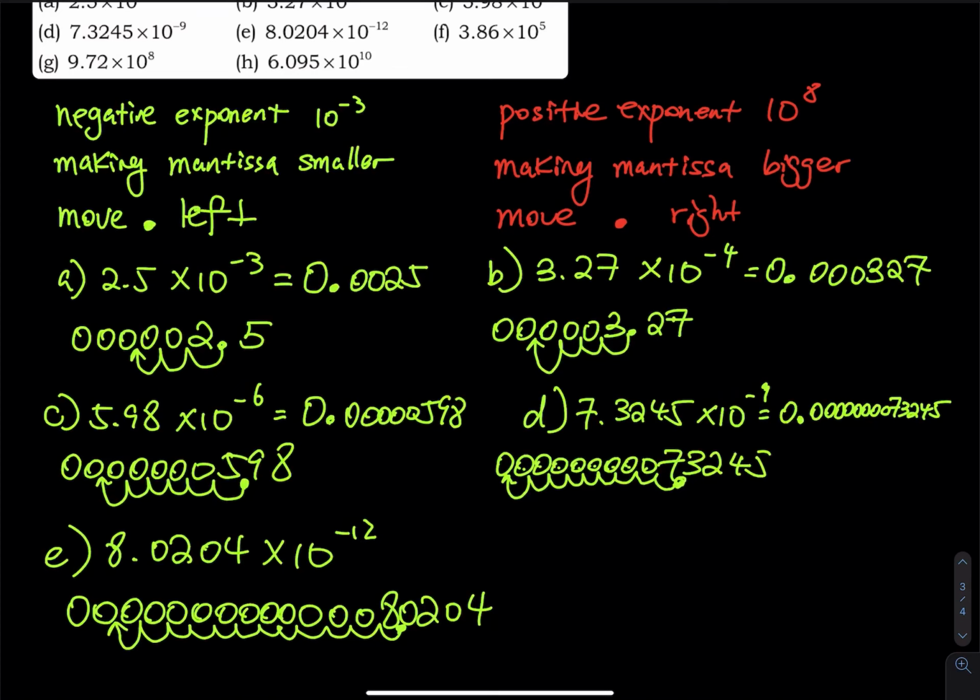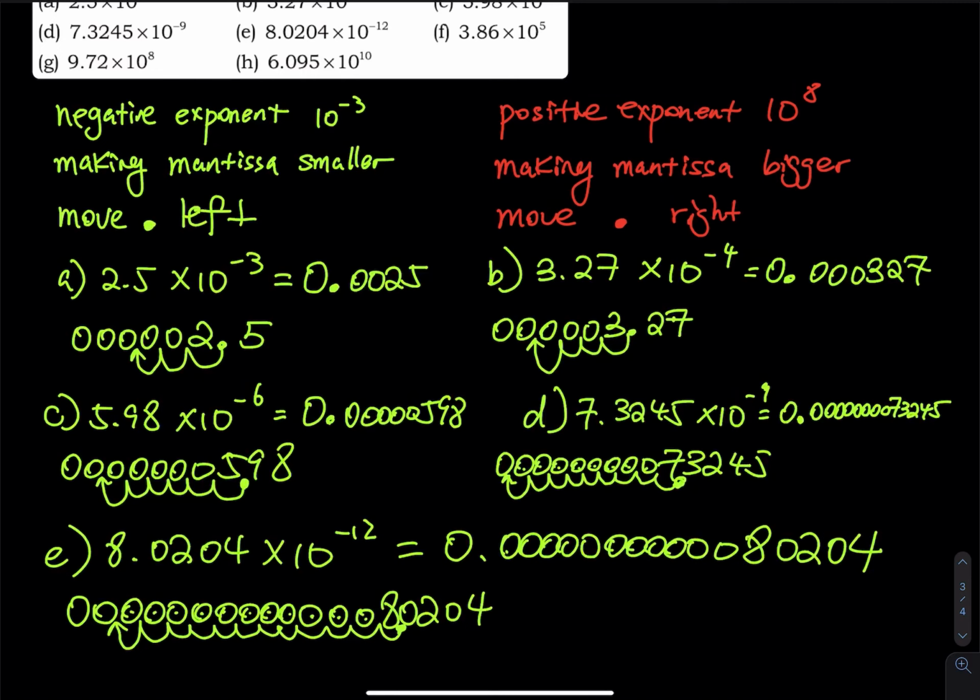So we start right there. So that is 0 point, how many? 1, 2, 3, 4, 5, 6, 7, 8, 9, 10, 11, 11 zeros, and then 80204.